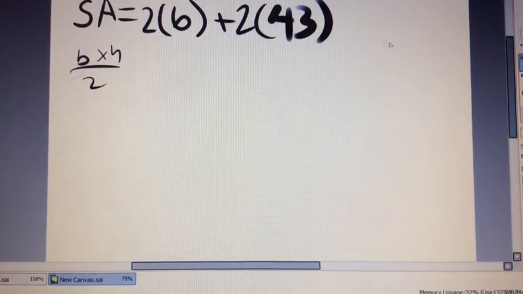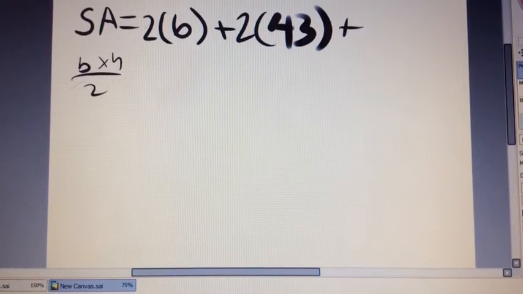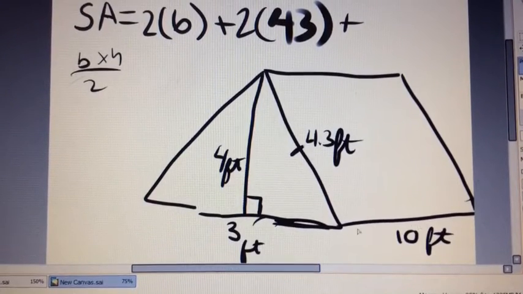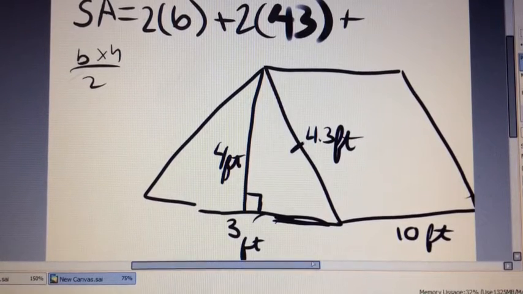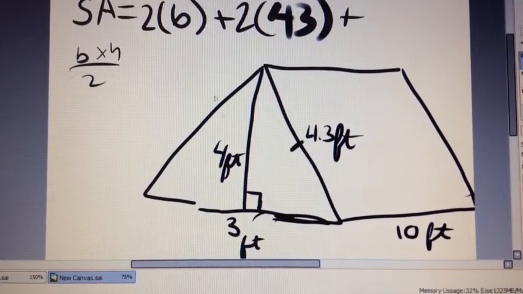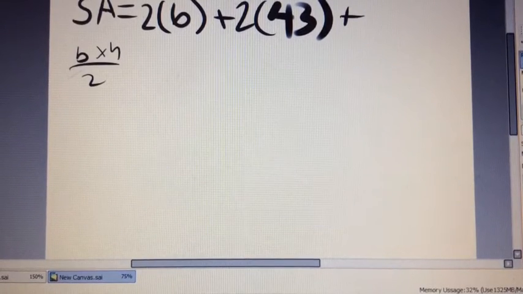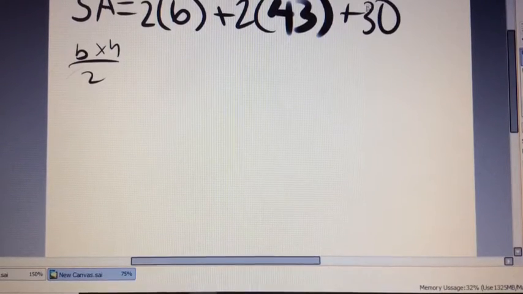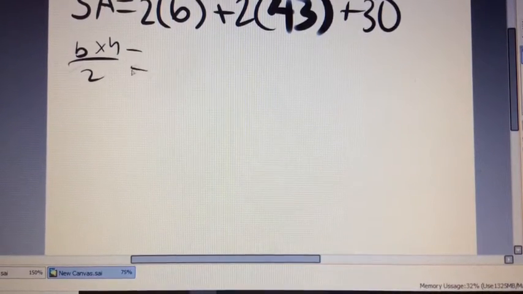There we go. But for the bottom triangle, it's not the same as the rest of the rectangles. So 3 is going to be its length now. So 3 times 10 is 30.